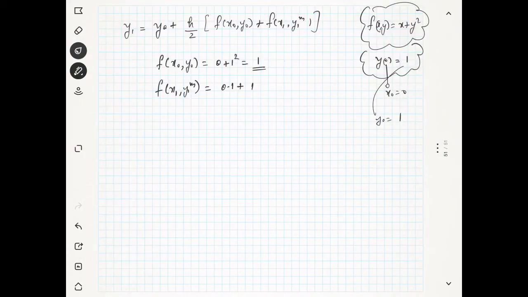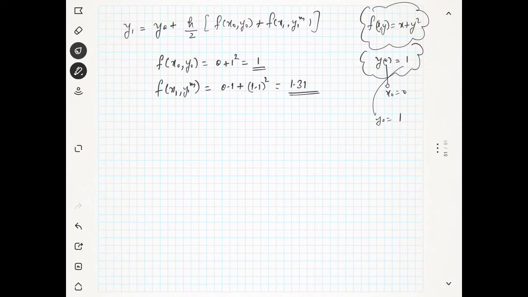So 1.1 the whole square. Let me calculate this. 1.1 square is 1.21, and 1.21 plus 0.1 becomes 1.31.